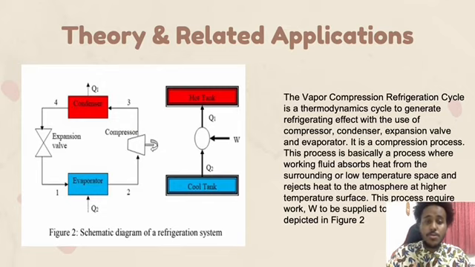It's a compression process. This process is basically one where the working fluid absorbs heat from the surroundings or low temperature space and rejects heat to the atmosphere at a higher temperature surface. This process requires work to be supplied, as depicted in figure 2.